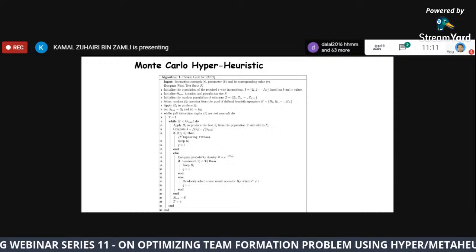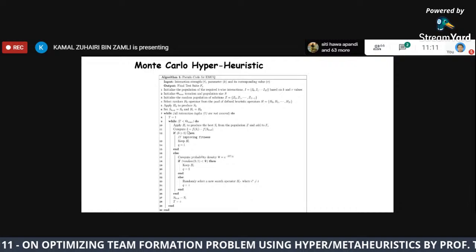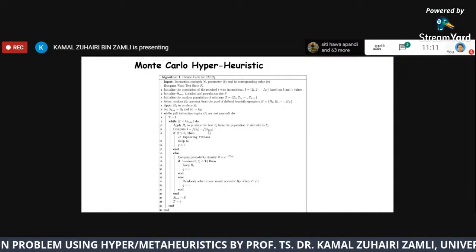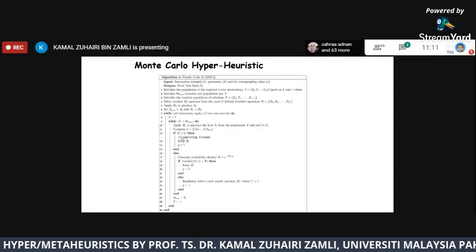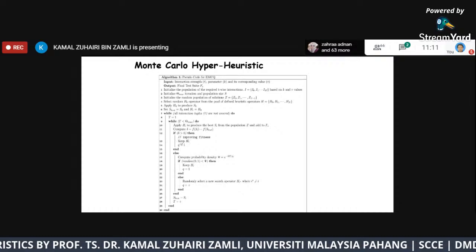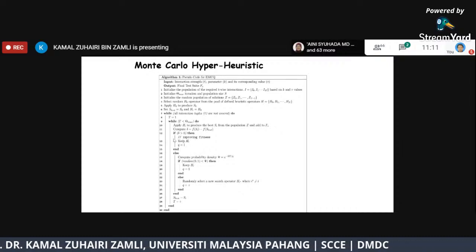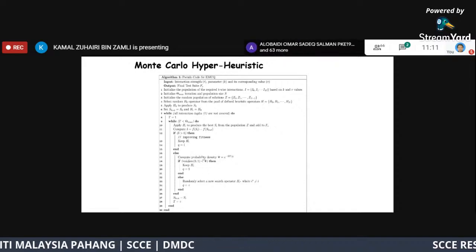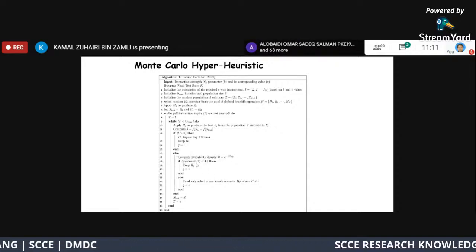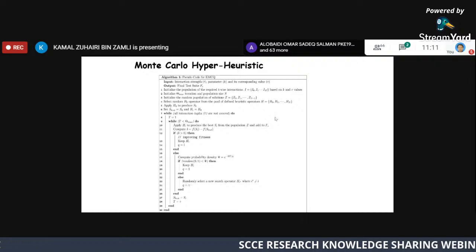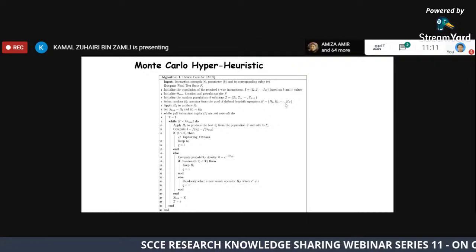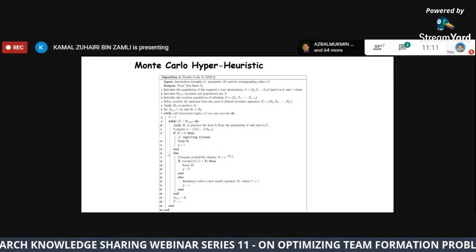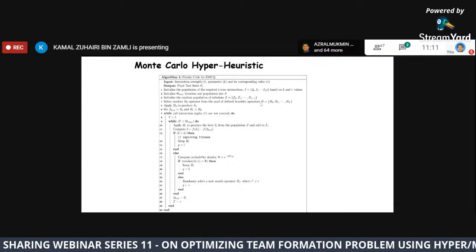If the previous objective function is improved, then keep the meta-heuristic that you're running now. Okay. If not, compute the probability. With some probability you keep, or you randomly select a different meta-heuristic to run in the next iteration. So this is a selection of the meta-heuristic that you want to run.